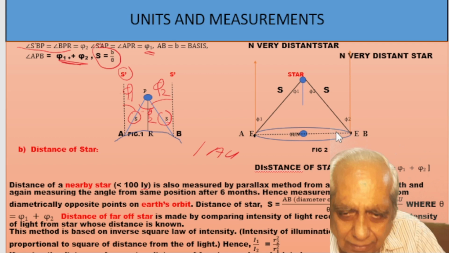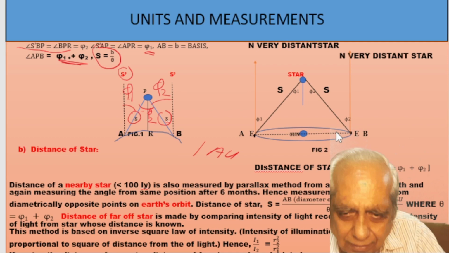Okay, so this information would be required. Now you see, from A I am looking at this star S, and as in the previous case of the planet, now I will look at a very distant star. So from E I am looking at a very distant star, and in the same manner I will measure this angle.